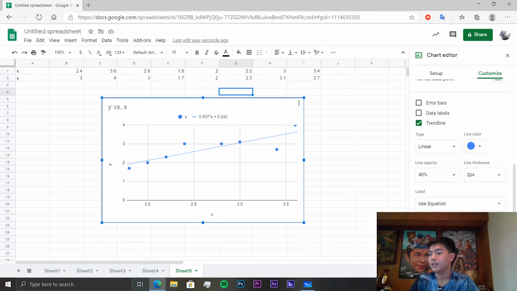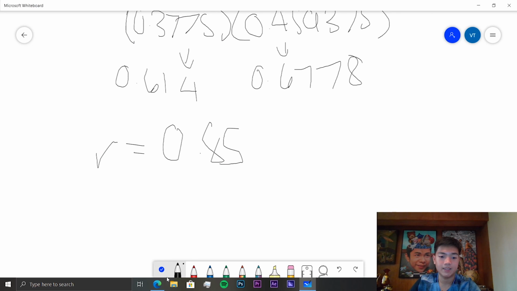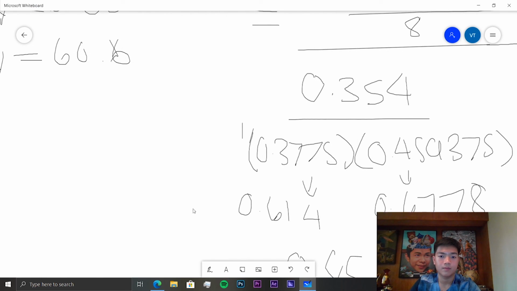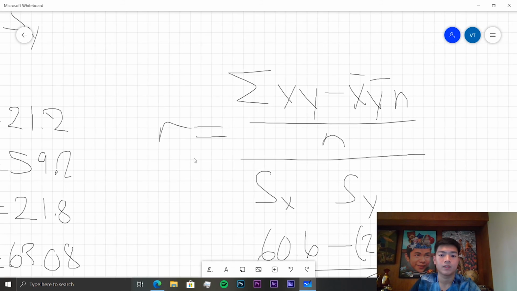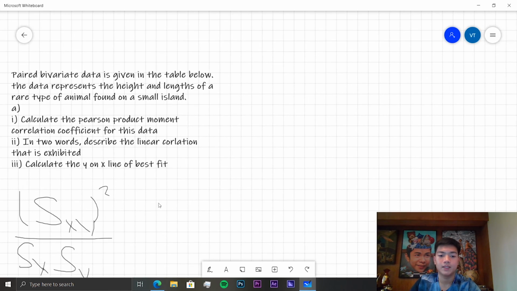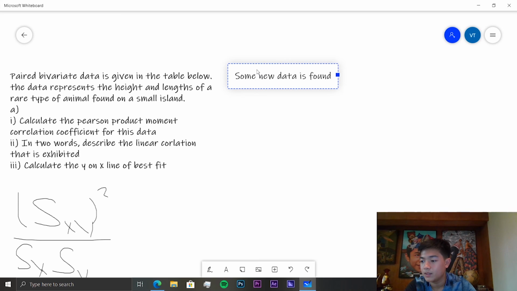Finally, there's a small extra part to this question, and it is the fact that some new data is found on a nearby island, and I'll give you the data.